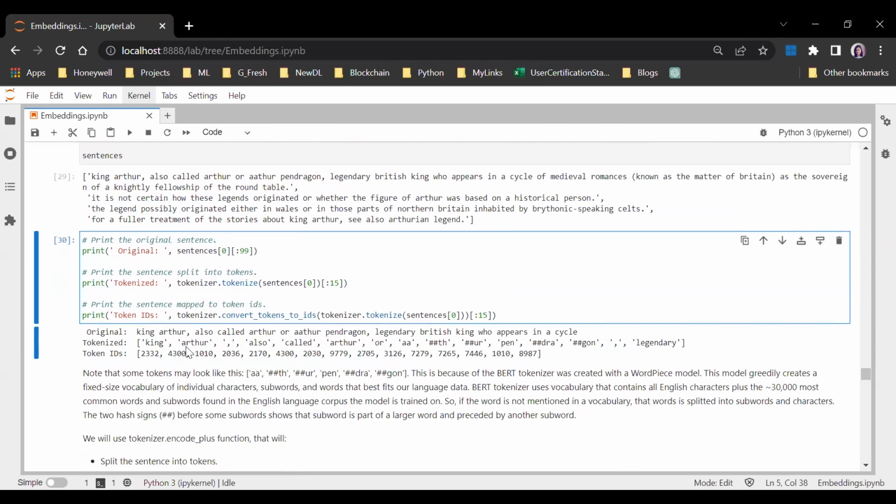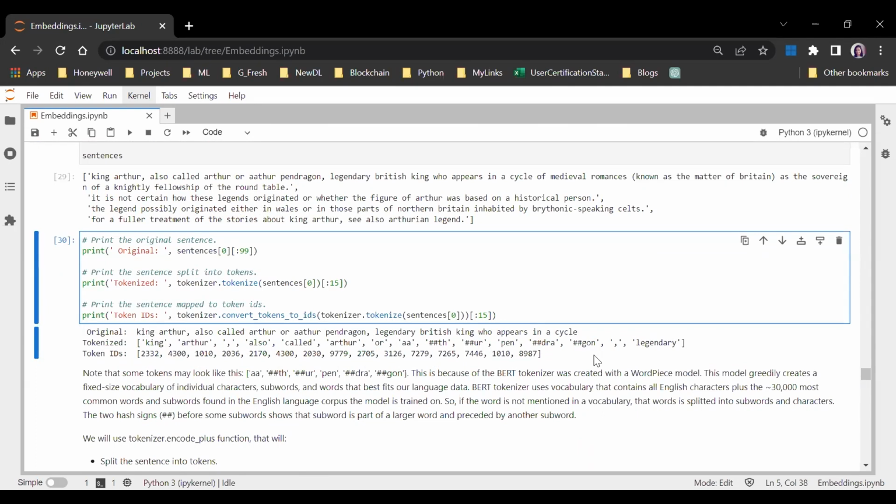How BERT actually tokenizes the sentences is it will first prepare a list of all the words that are present in the sentence. And then for some of the words, like here we see ##dh, ##ur, ##dra, like this. So it internally uses the WordPiece model.